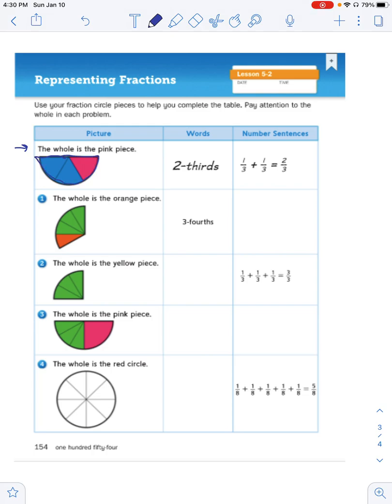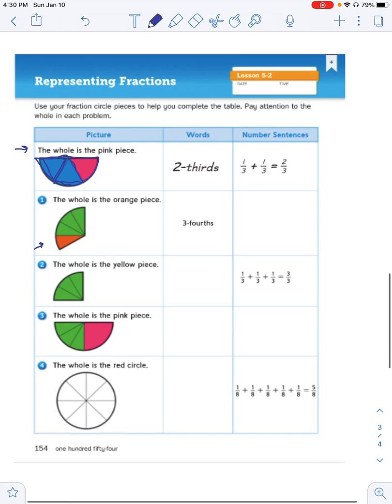They put these blue pieces on top of that pink piece. Same with this, the orange piece is all underneath those greens, and it says that the whole is the yellow piece right here.